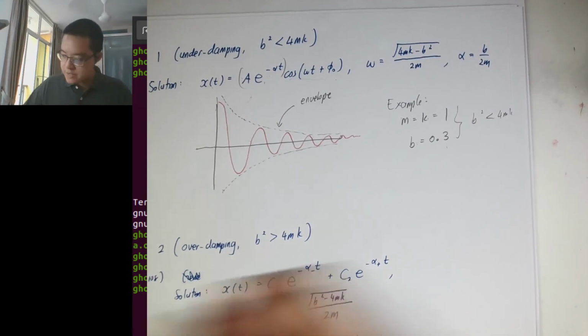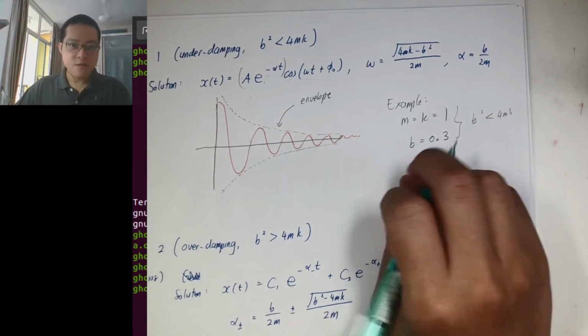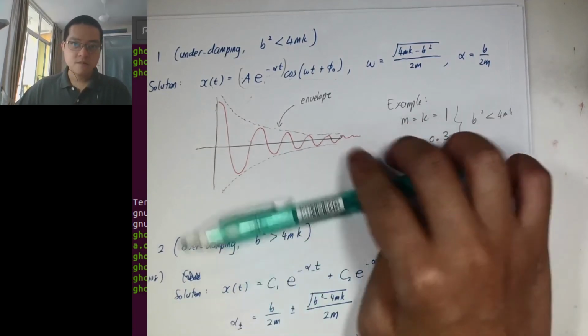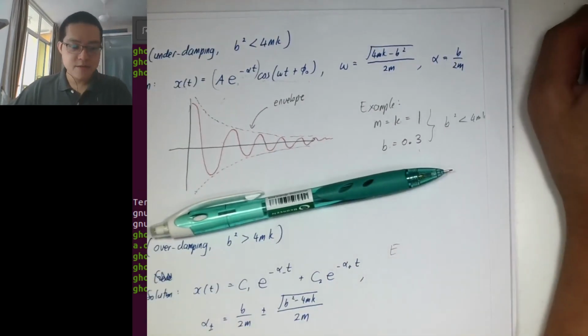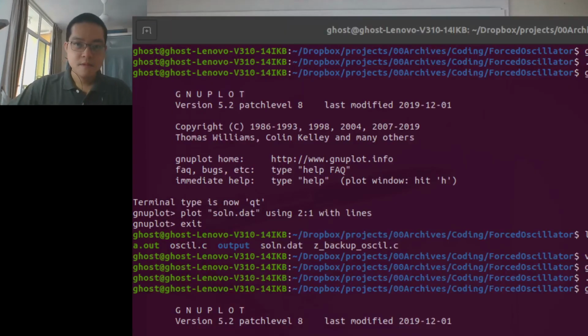For over damping, let me go back to the full screen. Oh yeah, it's not showing here, I forgot. Let me put this in front. For the over damping case, the example I want to show is, let me write down the example, m and k equal to 1, and b equals to 3.